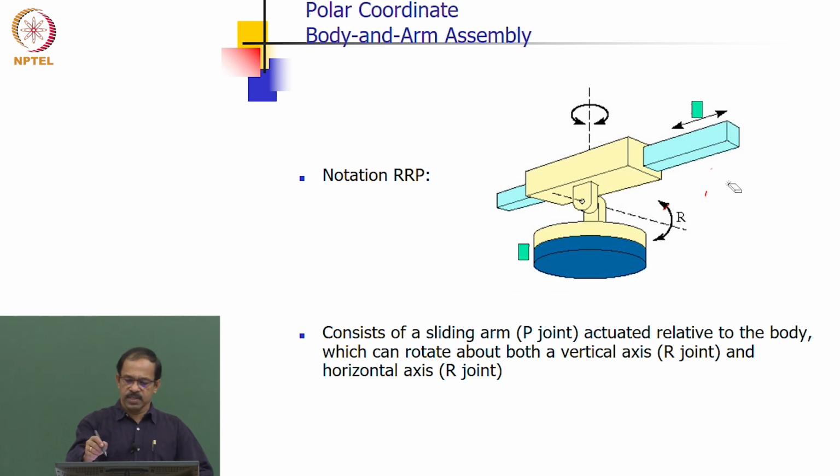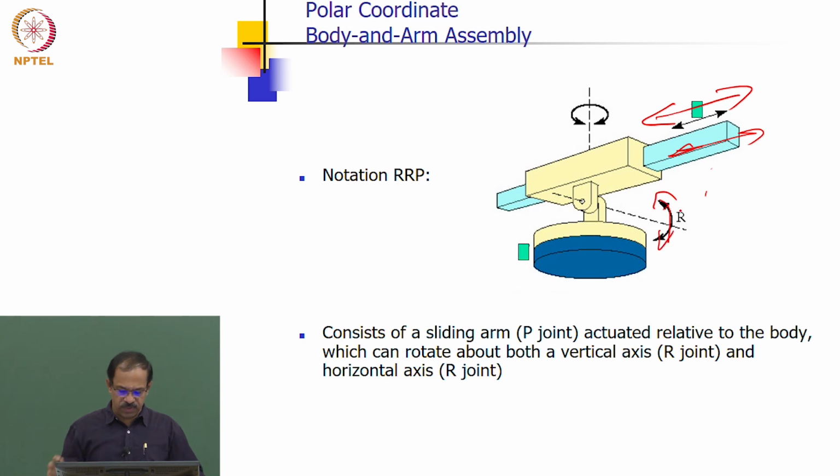You have the prismatic joint going out or going inside, and then the rotation about the horizontal axis. So you have a vertical axis rotation and a horizontal axis rotation. The horizontal axis rotation gives you planar motion, and the vertical axis rotation gives you the out of plane motion also. This way you will be able to get a 3-dimensional workspace in polar coordinates.